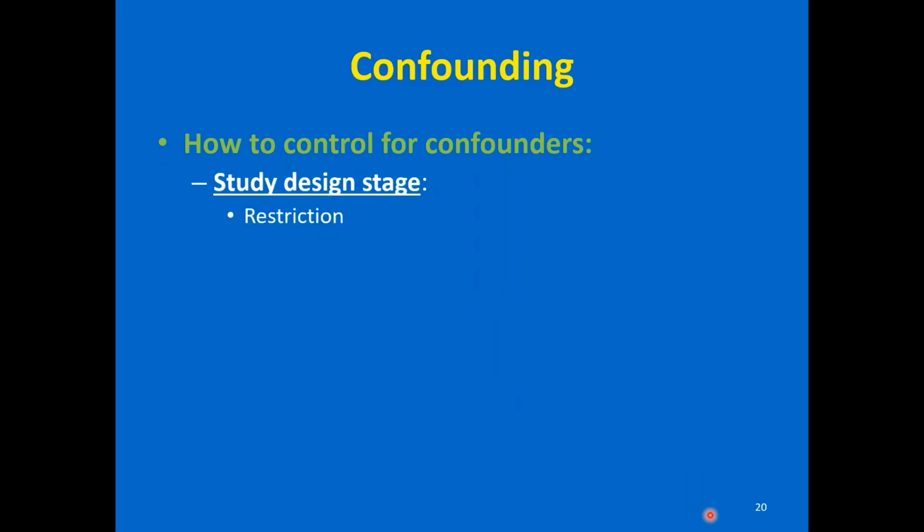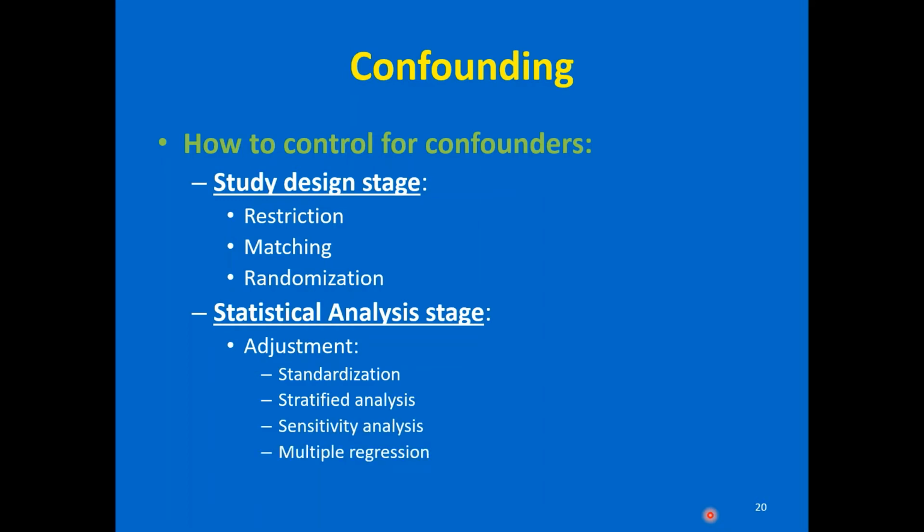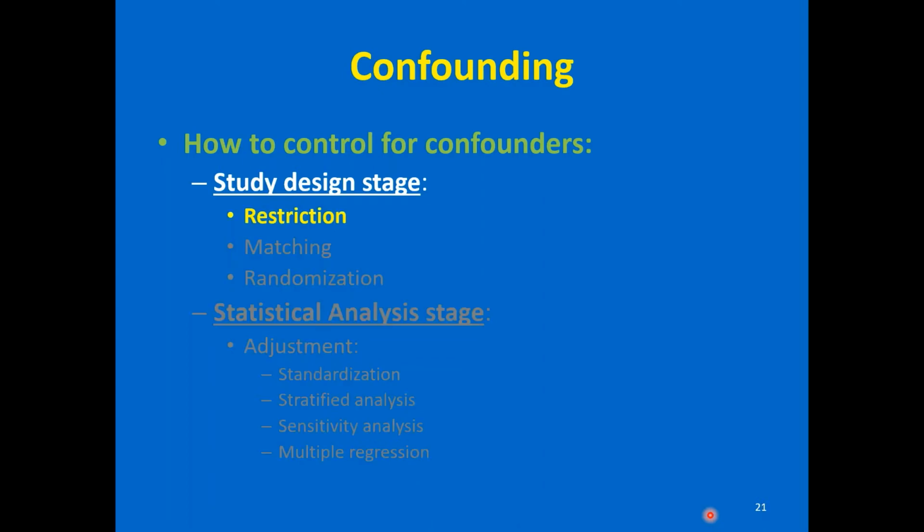Through something called restriction, which I will get into in a second, or optimization, or we can control for confounders during the statistical analysis stage, which includes adjustment, called standardization, or stratified analysis, or sensitivity analysis, or multiple regression.